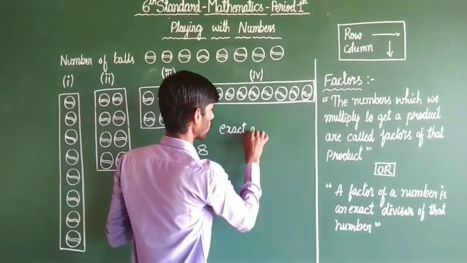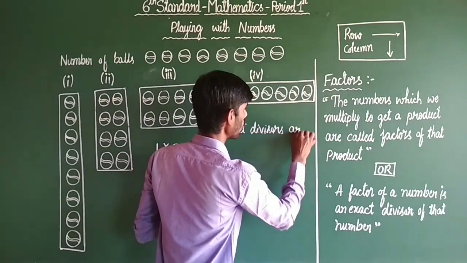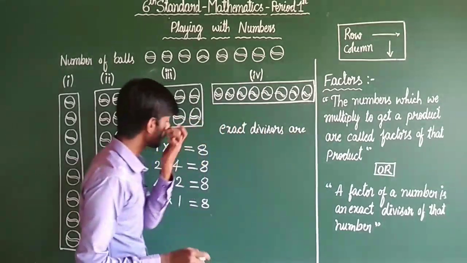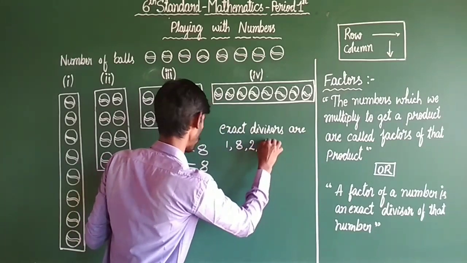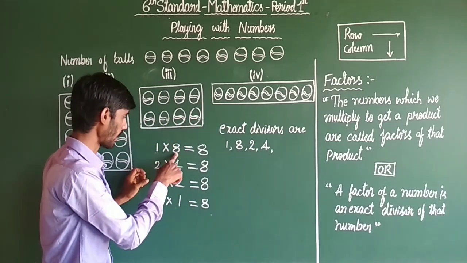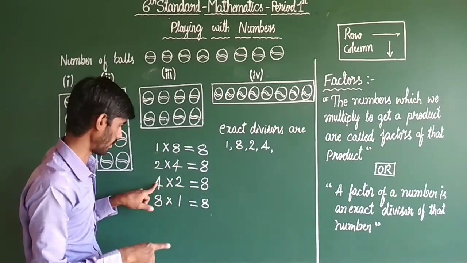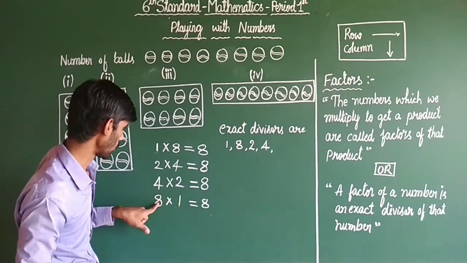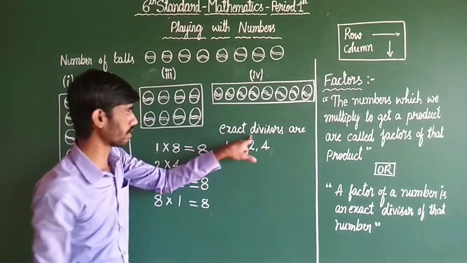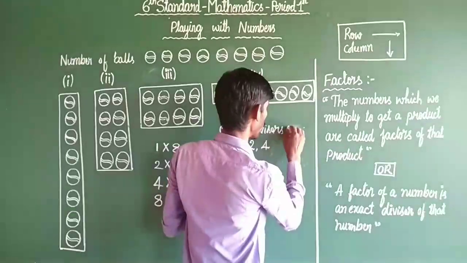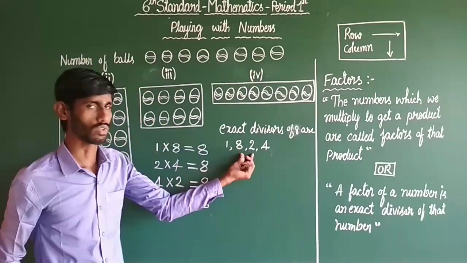The exact divisors are 1, 8, 2, 4. Here 4 should not be repeated, 2 should not be repeated. 8 is already here, and 1 is already here. So the exact divisors of 8 are 1, 8, 2, 4.